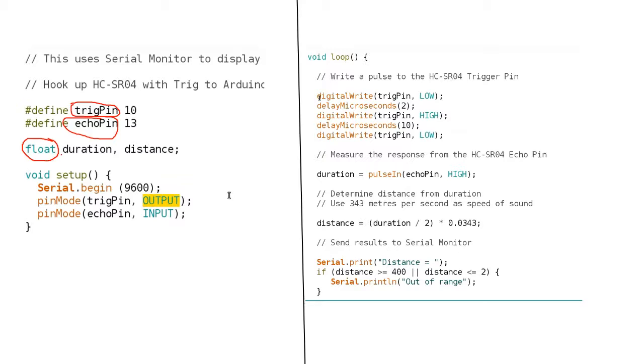It is not a whole number, so it's not an integer. So we declare the duration and the distance as float, because the duration can be 5.1 seconds or 6 seconds for the echo to come back.